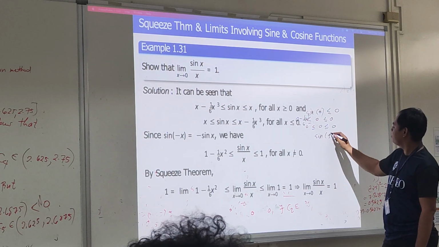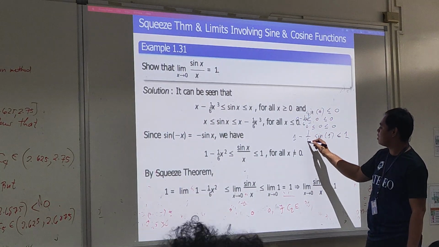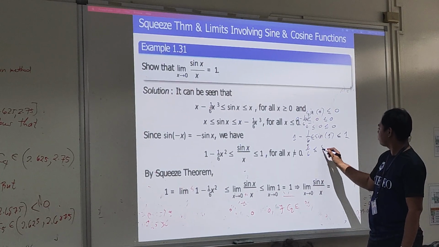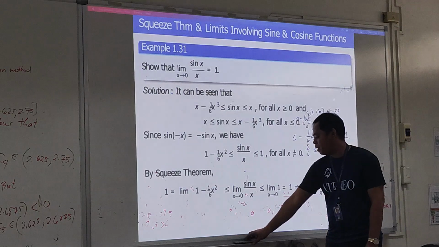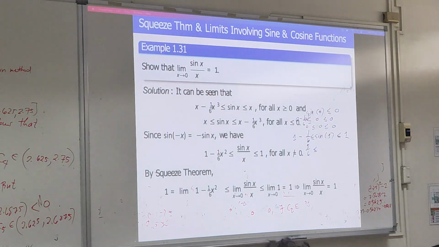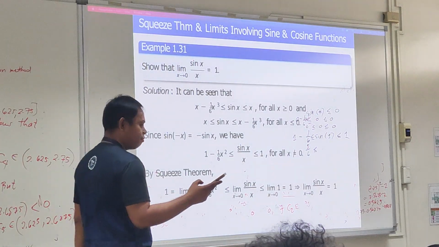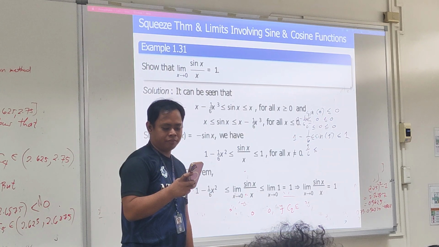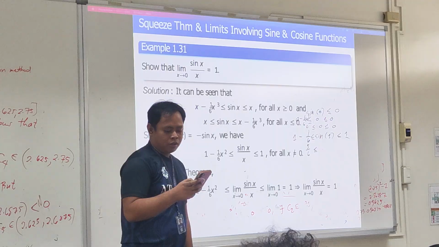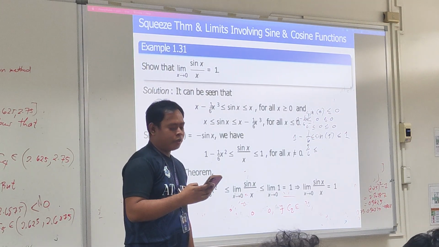Sine of 1, kailangan. So this one 1 minus 1 over 6. Of course, that is just 5 over 6 now. What is your sine of 1? So be sure na kalagyan mo ganyan yung calculator. Radian or degree? Radian. The sine of 1, that is 0.84.